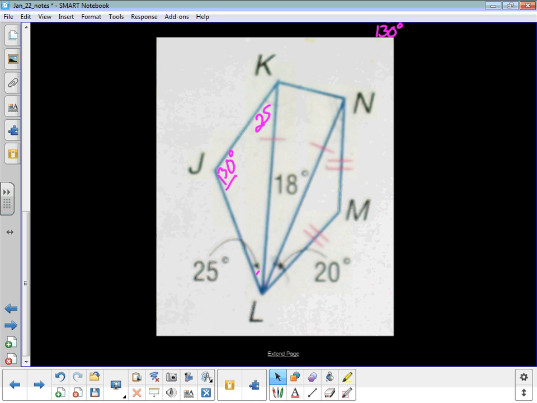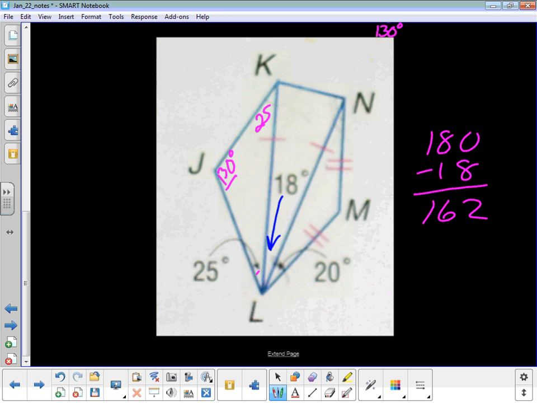Now, we're told in triangle LKN, this big one in the middle, that it's isosceles, and this angle right here, the vertex angle, is 18. So if I take 180 and subtract 18, I get 162. Now if I divide that by 2, I get 81.